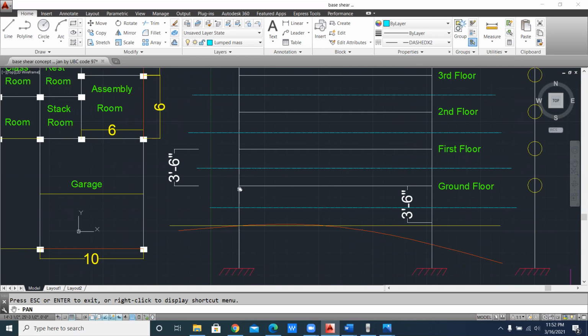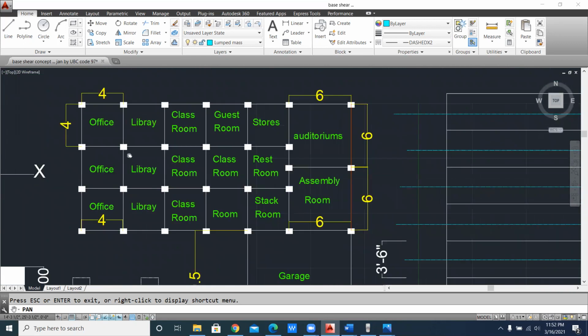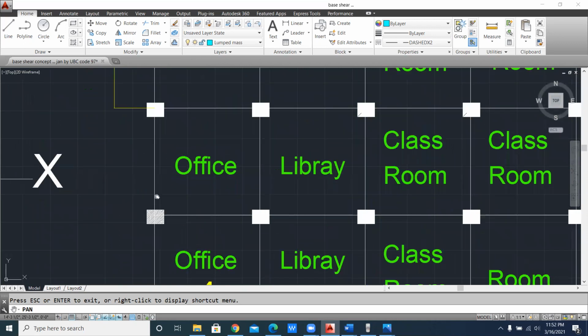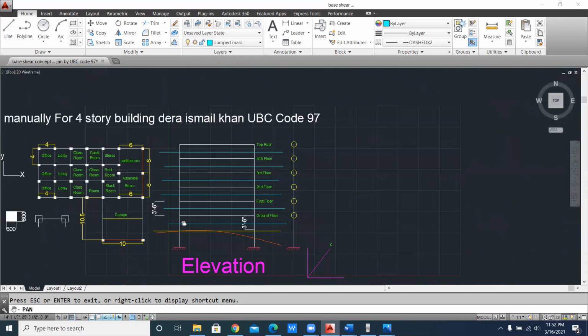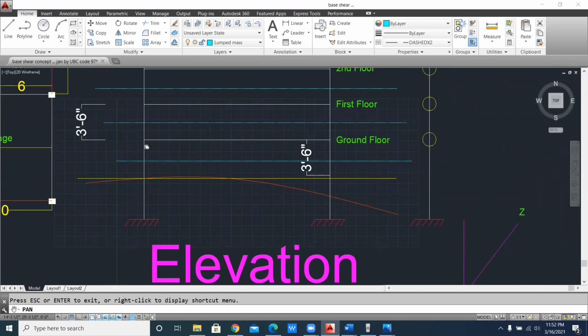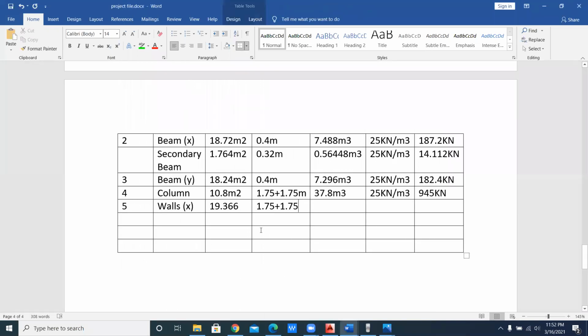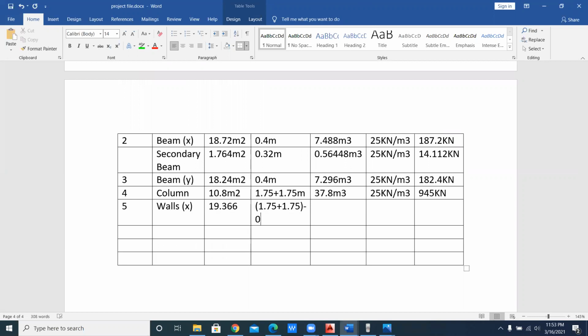Always remember that you always deduct from the wall the depth of the beam. If I show you this section, this one is your wall, and this one your beam. So what is your depth of the beam? Open this and you will see here that your depth of the beam is 400, that is 0.4. So you have to deduct minus 0.4.